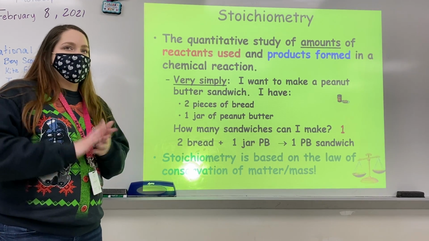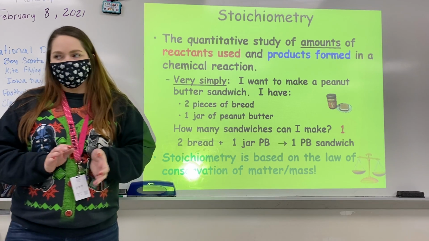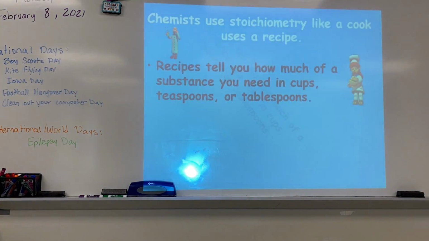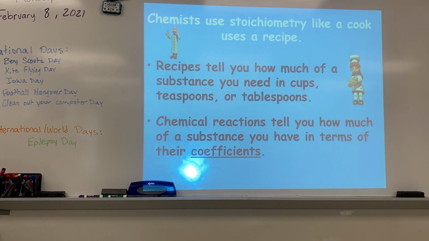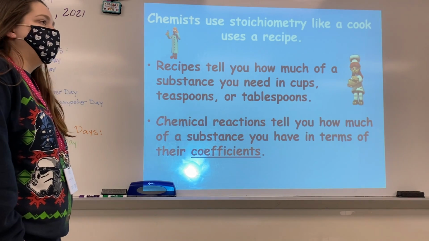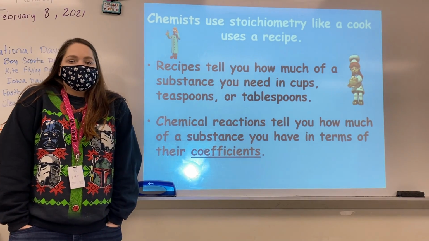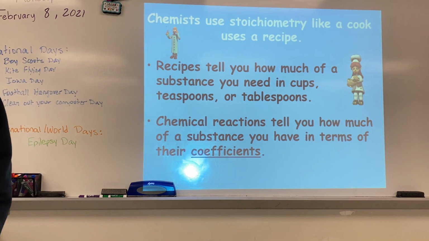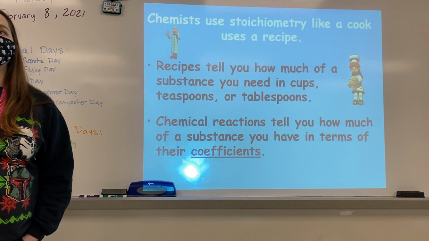We have to have a balanced chemical equation. Have to. Okay. Because your balanced chemical equation acts as a cookbook or a recipe for a cook. So your balanced chemical equation is going to act as your recipe. It's going to tell you how much of your reactants you need in order to make how much of your product.